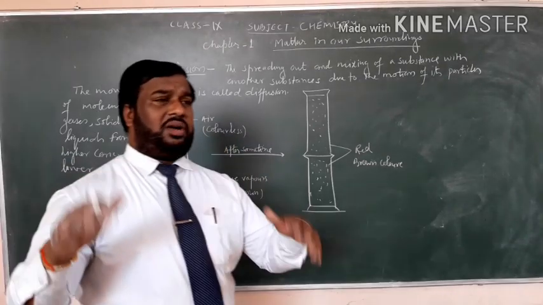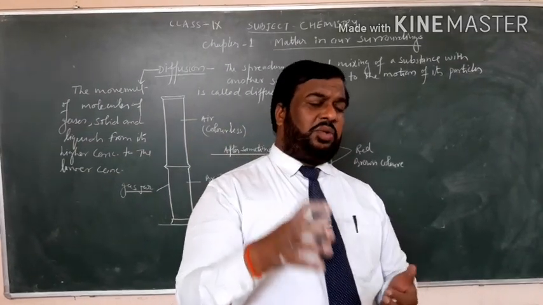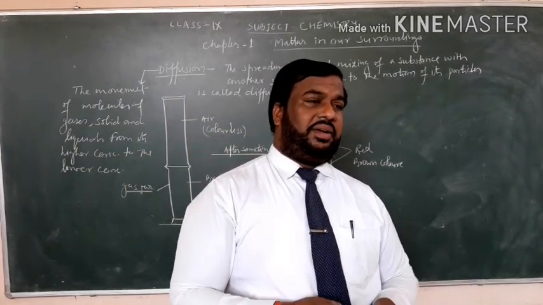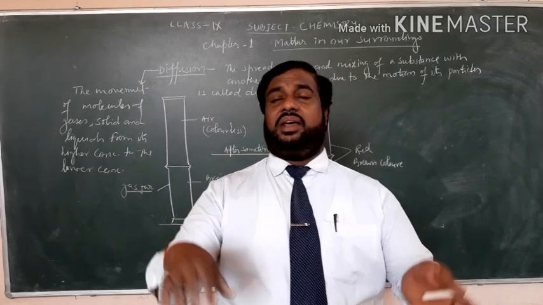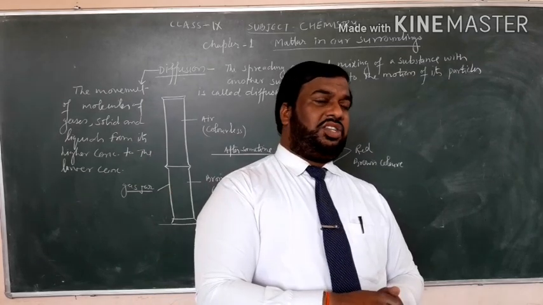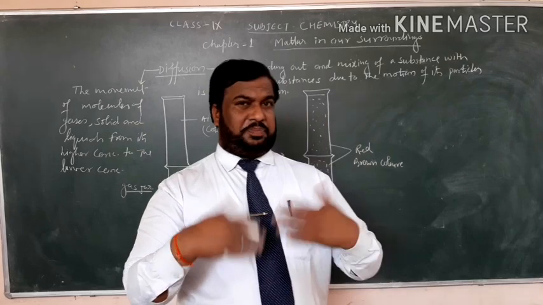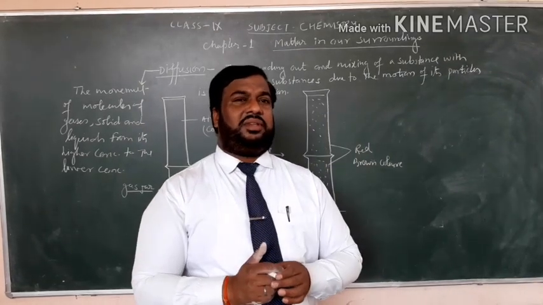That is, the movement of molecules or particles of gases, liquids and solids from their higher concentration to their lower concentration. So this is known as diffusion. Spreading out is also diffusion.